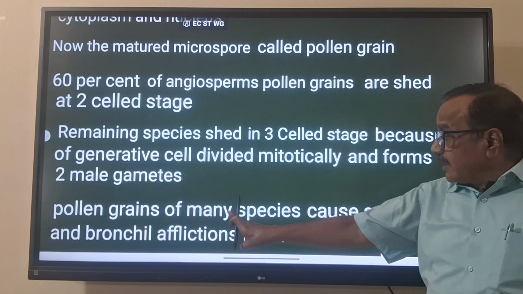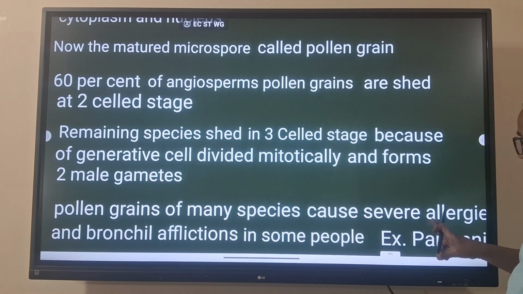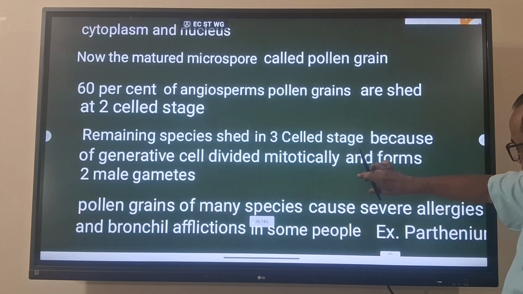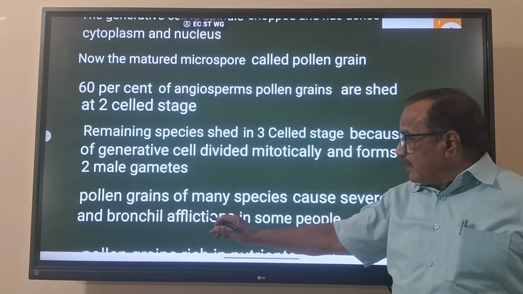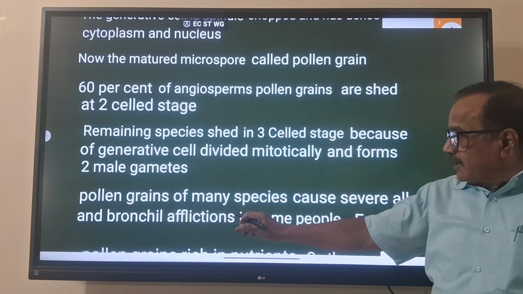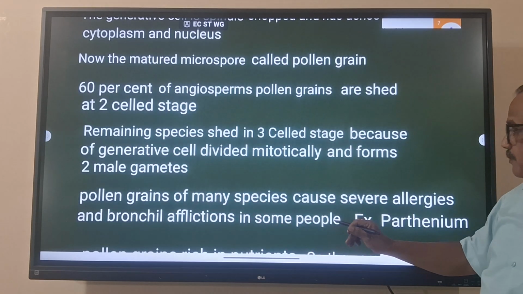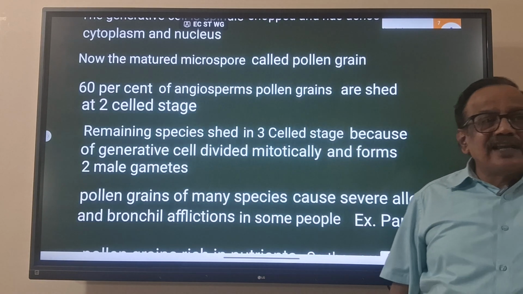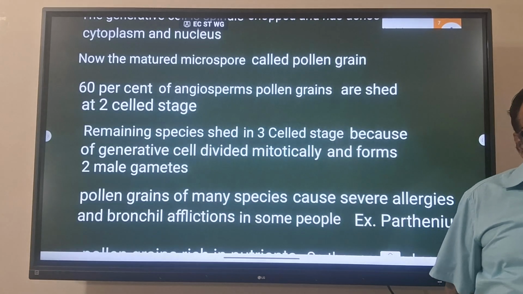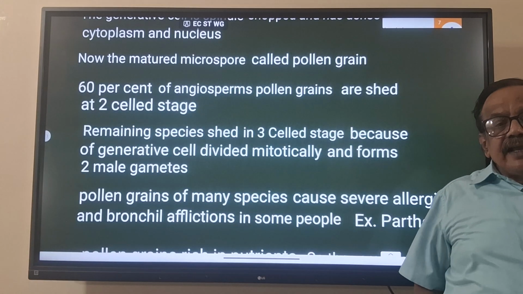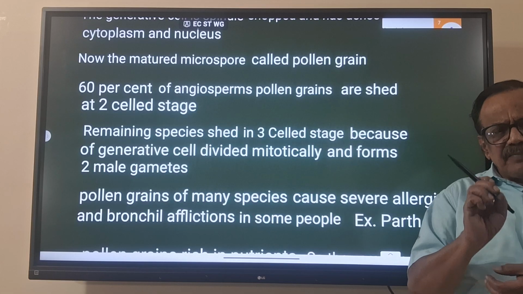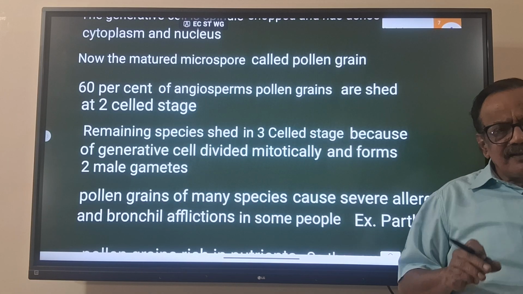That is why the pollen grains of many species cause severe allergies and bronchial afflictions in some people. Some people get irritation from that pollen grain. Why? The pollen grain has some peculiarities on its exine.